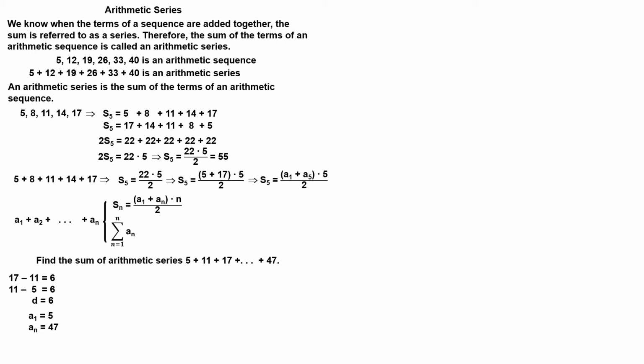And to do that, we need to find the value of n. To find n, we put the known values into the formula for an arithmetic sequence, and solve for n.